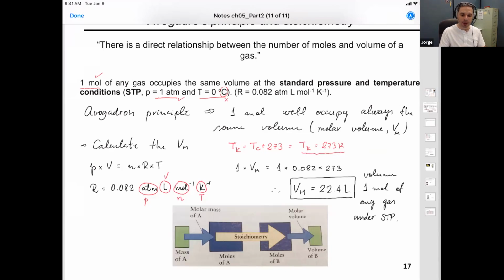So now that means we can correlate the number of moles of a gas with volume, or the mass of a gas with volume as well. And we can use the stoichiometry of a reaction to predict the amount of gas produced, or the amount of gas that's going to be used.